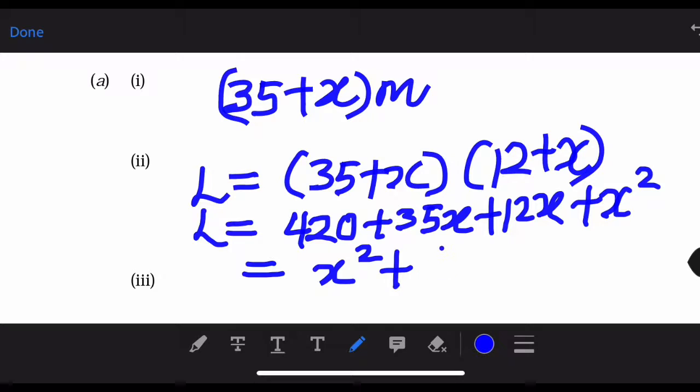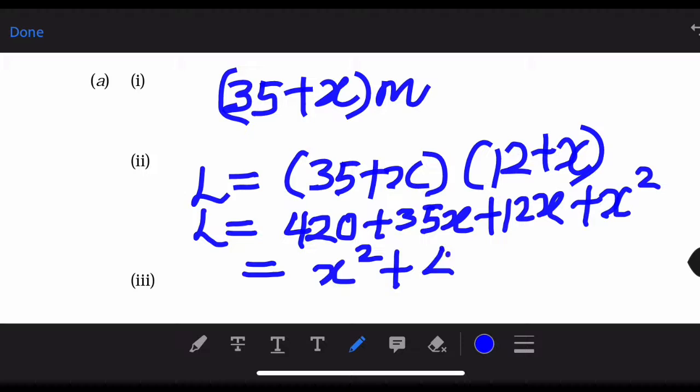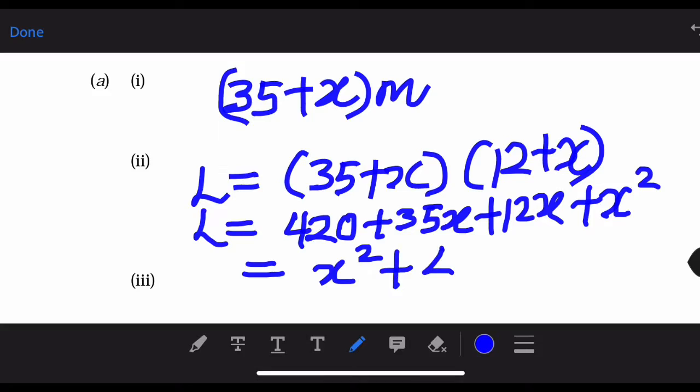So the answer is 93 meter. Okay, so we don't have to add the 17.